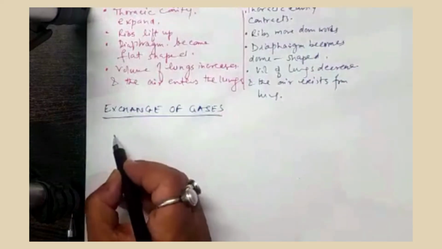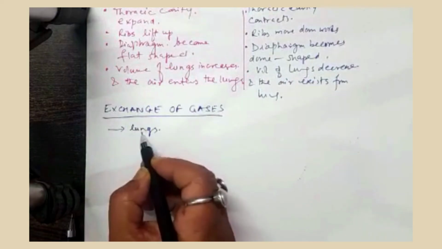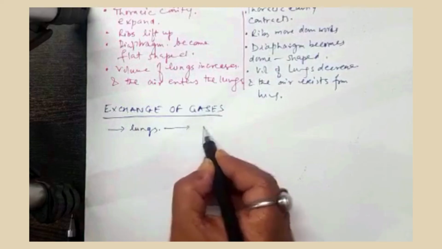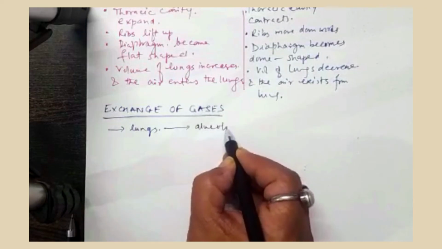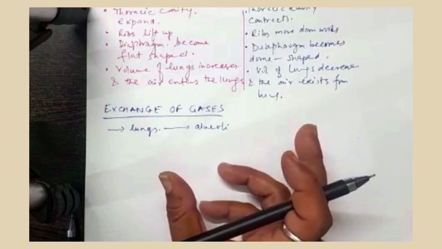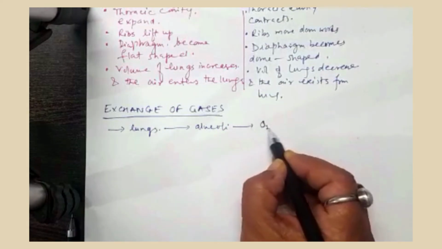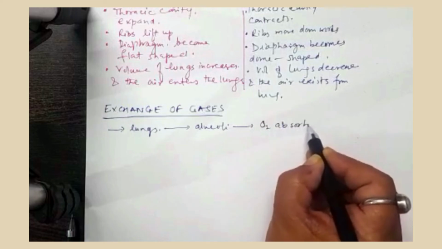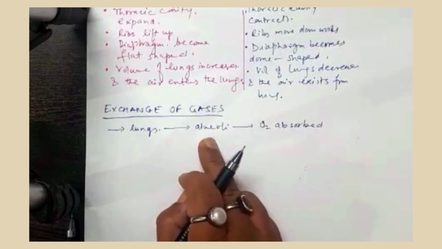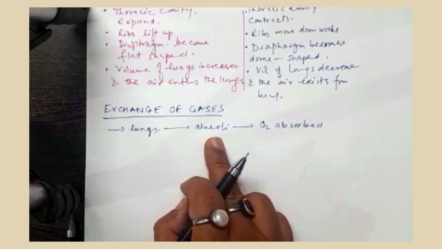So when the air is reaching lungs, it passes through alveoli, right? As you know, increase हुआ होता है surface काफी सारा, so oxygen is absorbed. Where? Inside the alveoli. So more of oxygen is there in the alveoli.